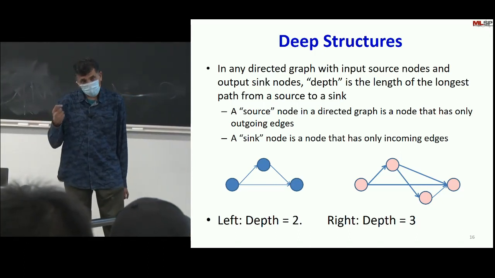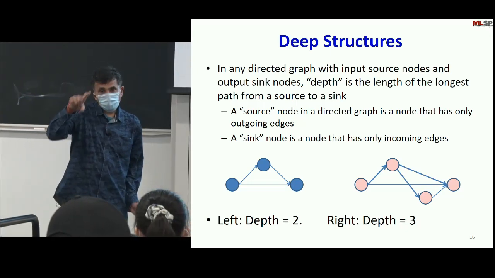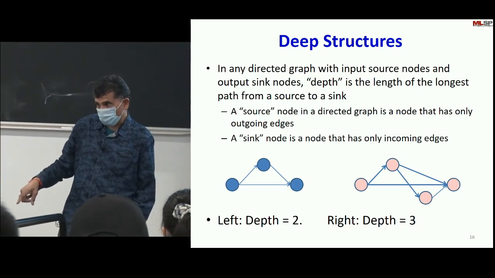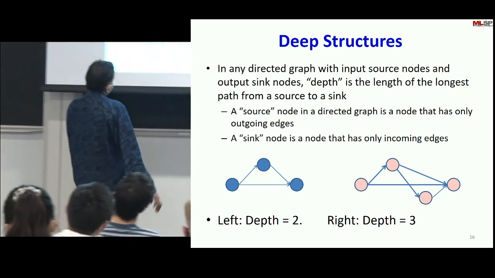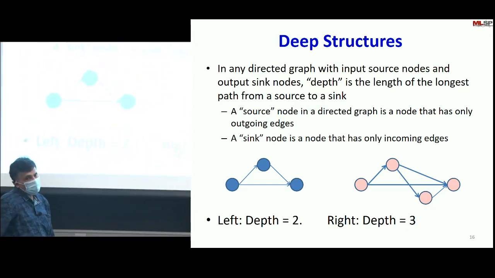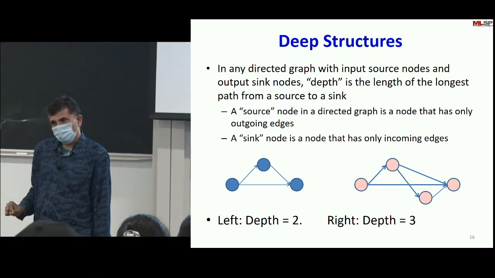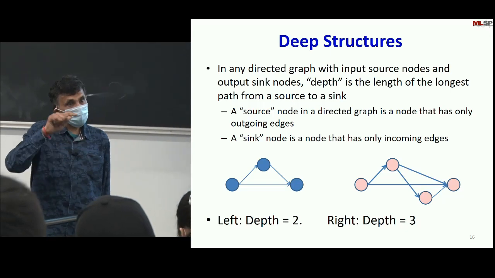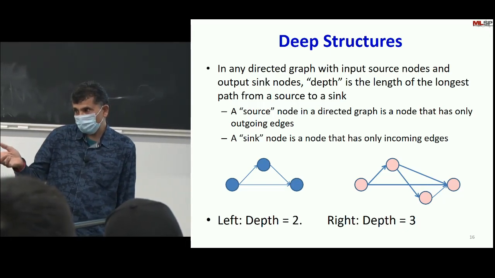So in any such directed graph, the depth of the graph is the length of the longest path from a source to a sink. So here, for example, this graph has one source and a sink. There are two different paths from the source to the sink. One is 1 hop long, the other is 2 hops long. What is the depth of this graph? 2.